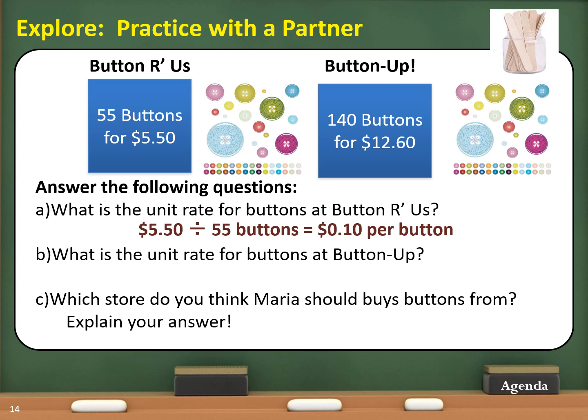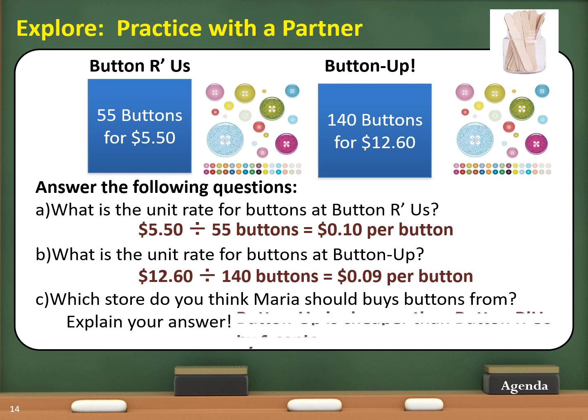One button for R-Ups is $0.10 per button, that means 10 cents. The other one is $0.09 per button, so less than 10 cents. So what is your answer? Where do I have to buy? I have to buy from whoever charges less. Understand? I'll go with 0.09.